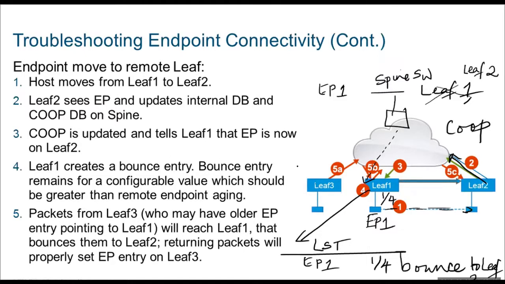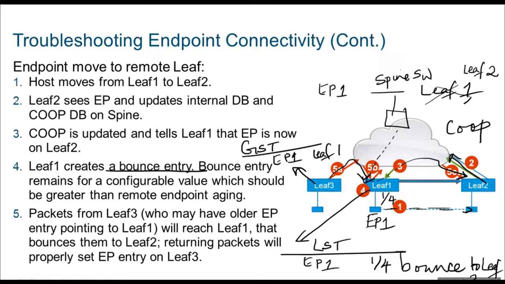So if leaf 3 has cached in its global station table that endpoint 1 is on leaf 1, you would see that when it sends it, it's going to bounce off and then make its way towards leaf 2. The bounce entry is 630 seconds. You can fine tune it, but that's the default bounce entry.